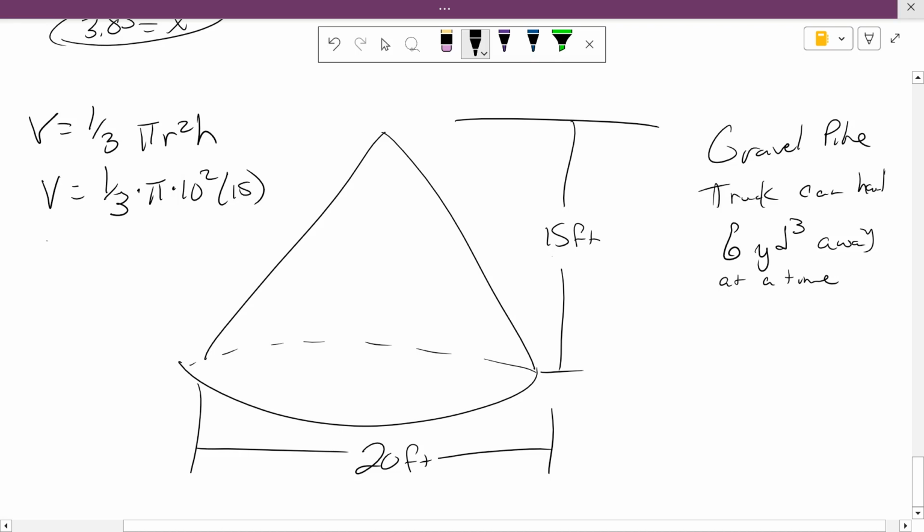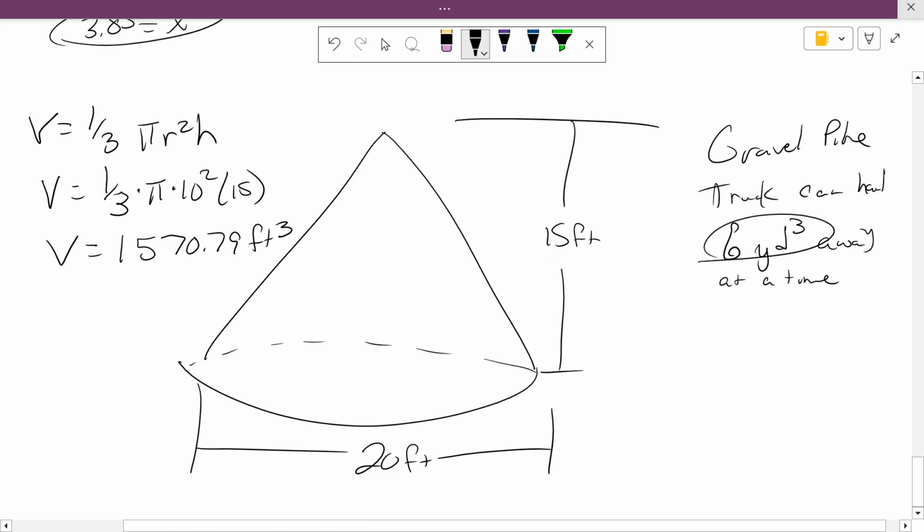So it's 500 pi, so the volume is got to be 1,500 and something. What's 500 times pi? 1,570.79. Okay, now that's cubic feet.